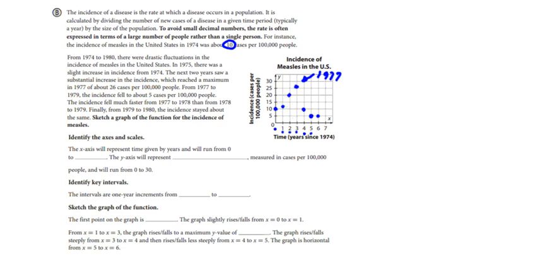I'm going to point in red to the ones they tell us are exactly from the data we're given, and this maximum here. And we know we came down to 5 cases per 100,000 people in 1979. So that's the same. Some of these are exactly given, and some of these are estimates.